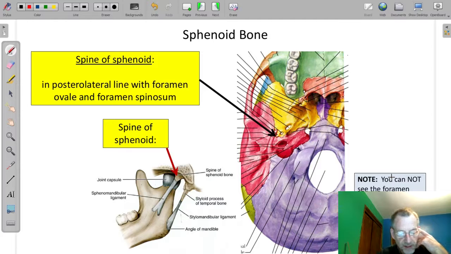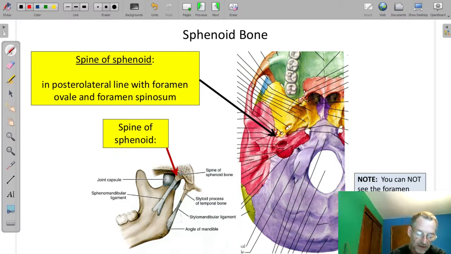Okay, so the spine of the sphenoid is a tiny little nibbin of bone, which is at the tip of the large black arrow. Difficult to see, almost impossible to appreciate on this view. The smaller view shows the spine of the sphenoid in discussion with the TMJ, the temporomandibular joint.